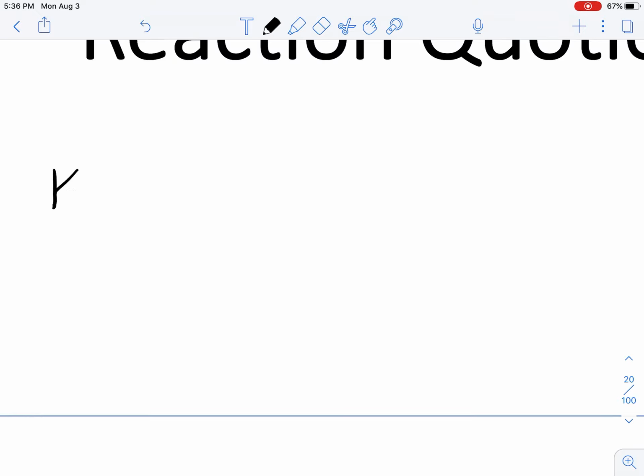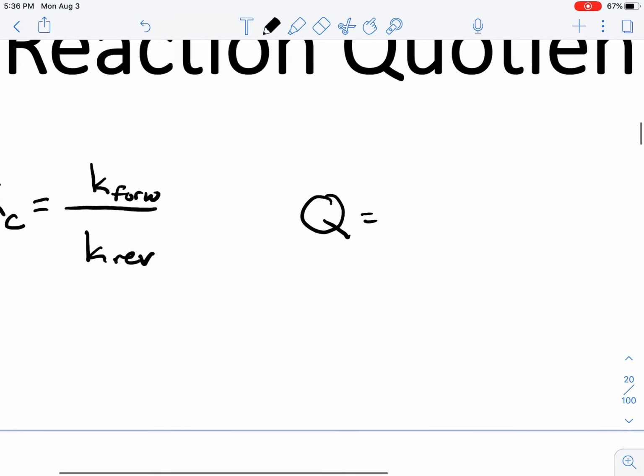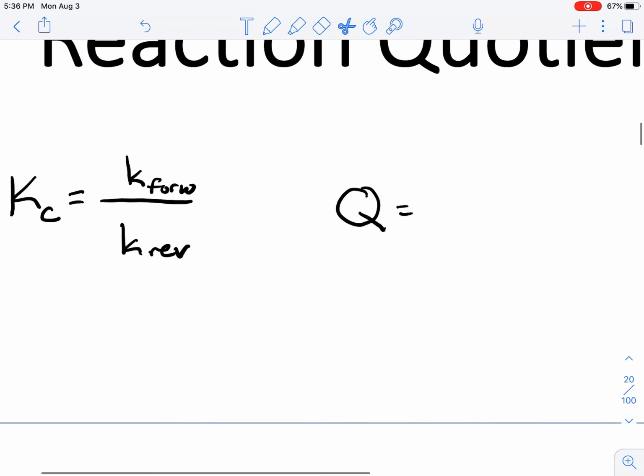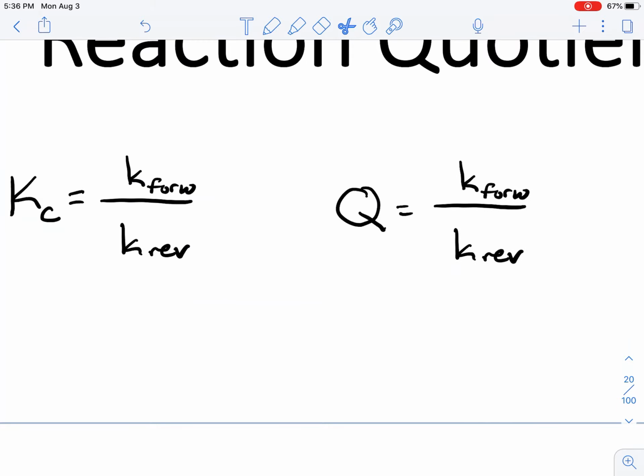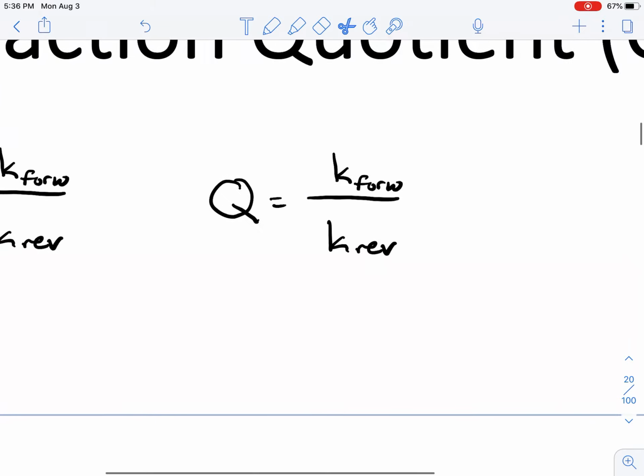If you recall, the equilibrium constant Kc is a ratio of two rate constants, the rate of the forward and the rate of the reverse. And so the reaction quotient Q is actually the same ratio, right? It's a ratio of the two activities of the forward and reverse.